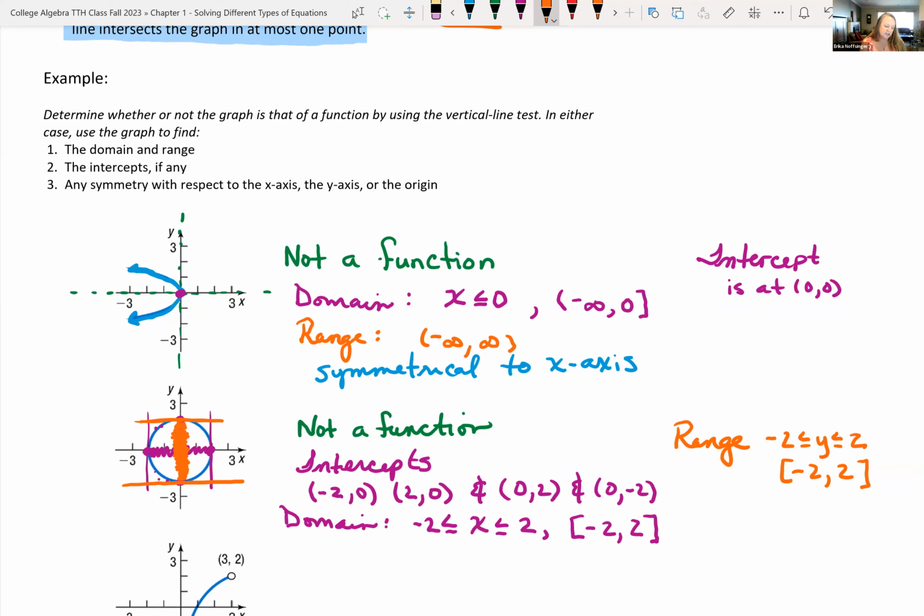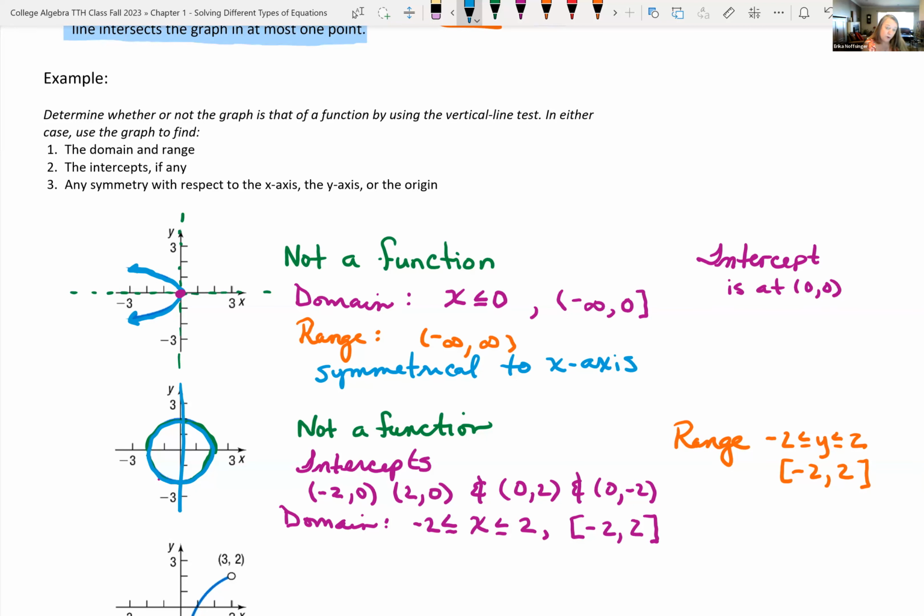And then the last question it asks is about symmetry. So I noticed that if I folded my paper along the x-axis, I would have a mirror image. This piece above the x-axis would lie on the piece below. If I folded it along the y-axis, I have a mirror image.